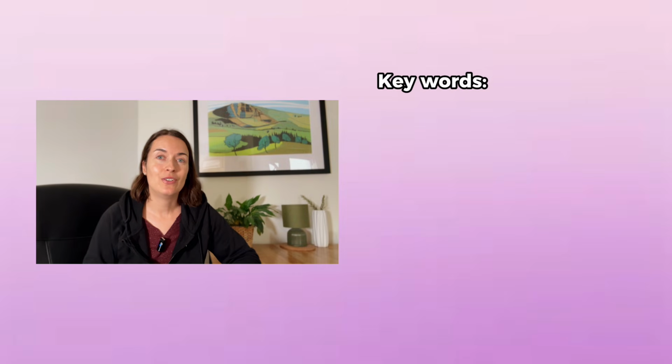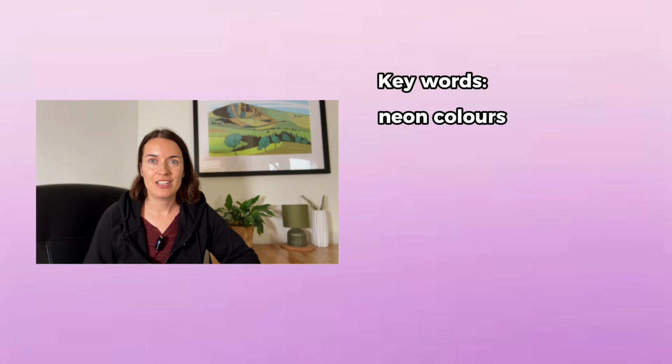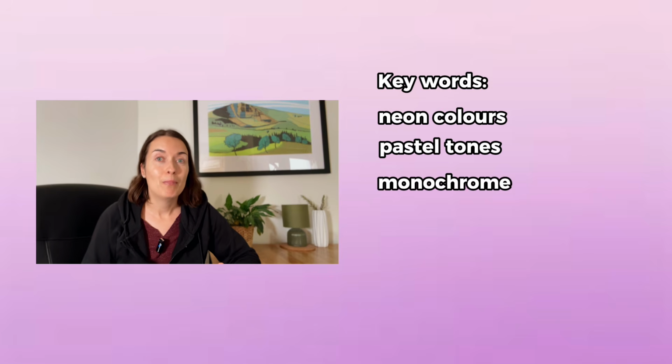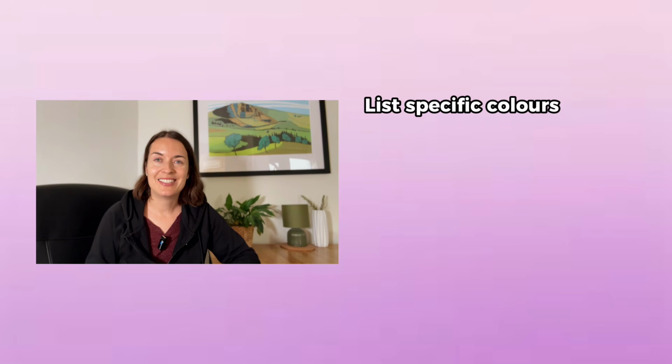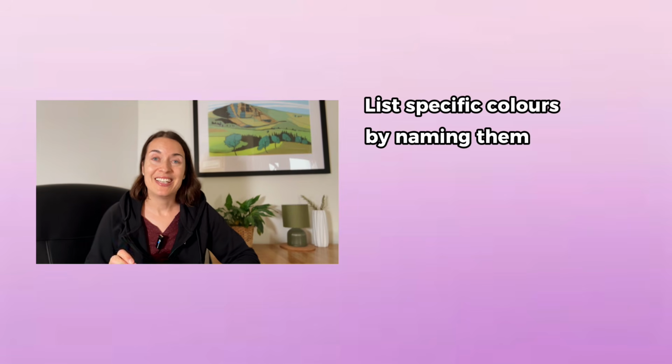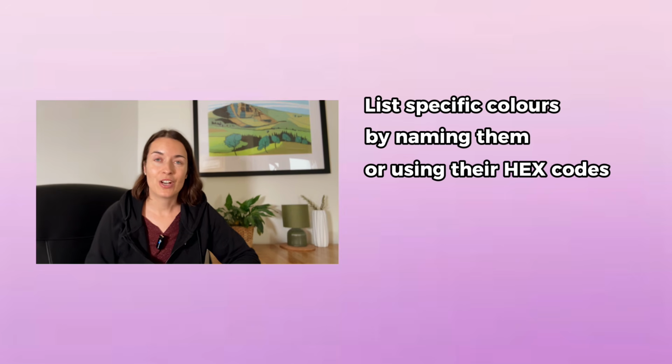Next, the color palette. So this is something that sets the visual tone for your image. So for example, you can use keywords like neon colors, pastel tones, monochrome, or muted earth tones. But you can also list the specific key colors that you want to use by naming them or even using the exact hex codes that you need.